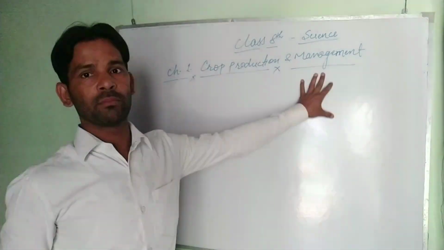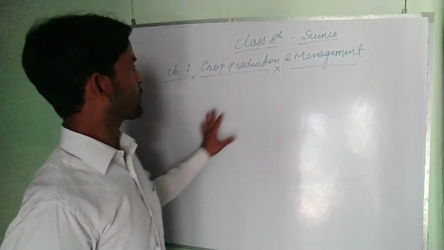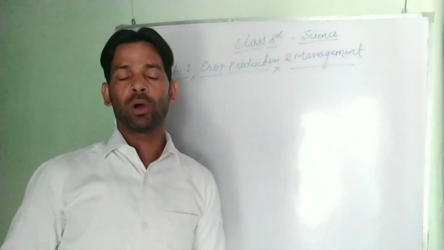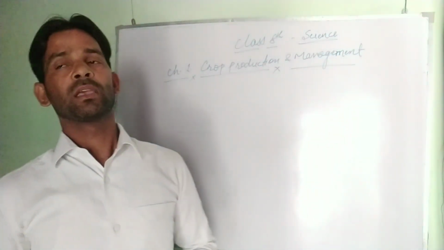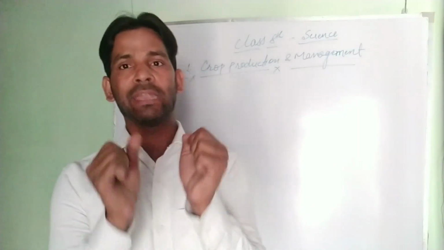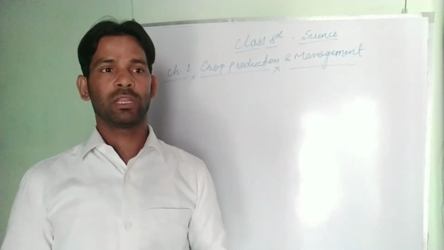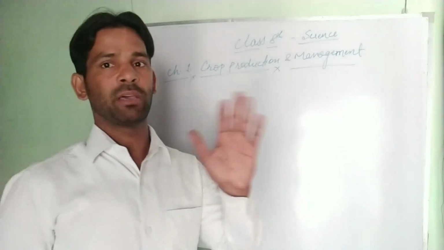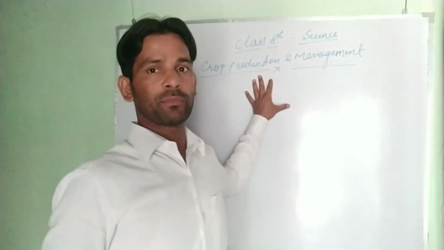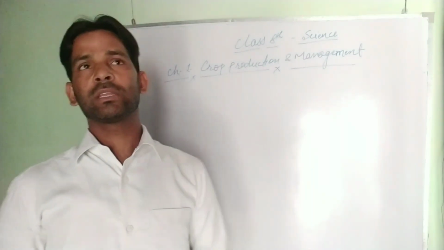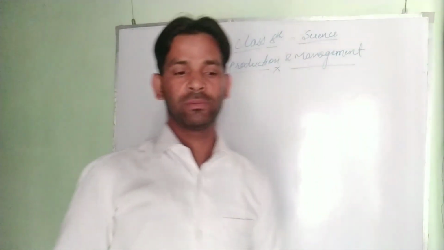Crop production and management is required for what? First of all, how we can manage the crops, that means how we can produce the crops. What are the criteria by which we can produce the crops? And if you are talking about crops, what does it mean?